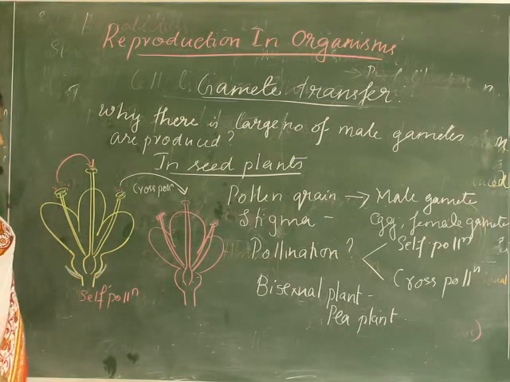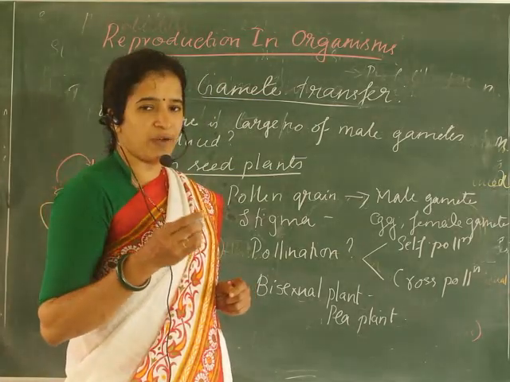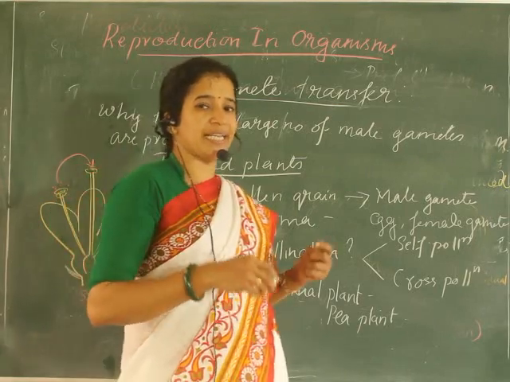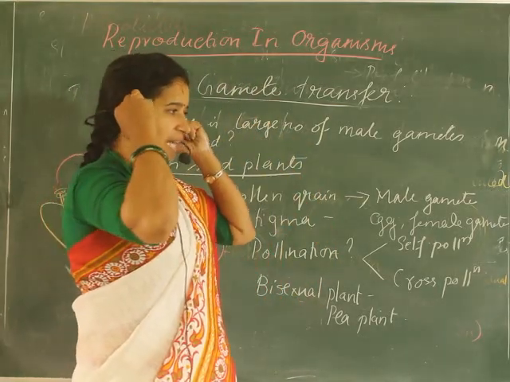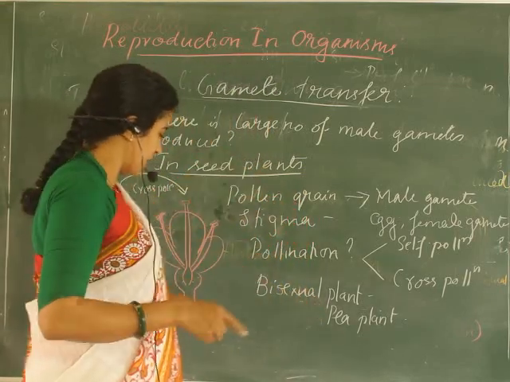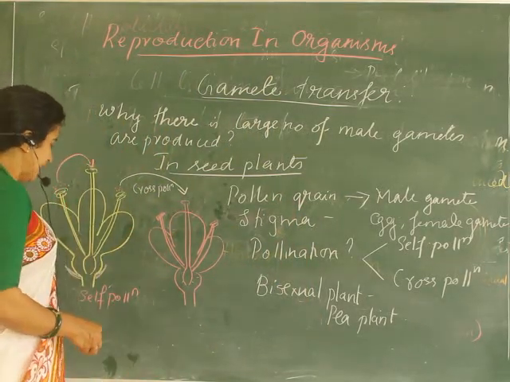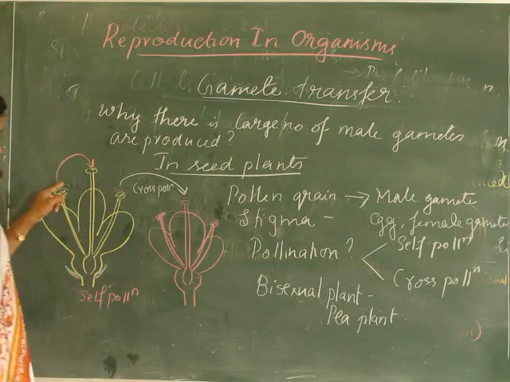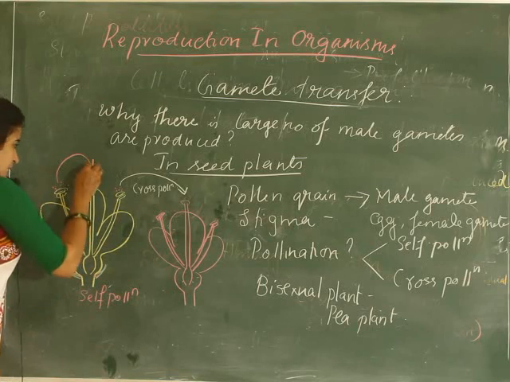Now what happens once the transfer of pollen grains takes place? You have studied these events in your first PUC. Can you name that process? It is fertilization in angiosperms. In that you have studied double fertilization, using the schematic representation. What happens after the pollen grains reach the stigma?